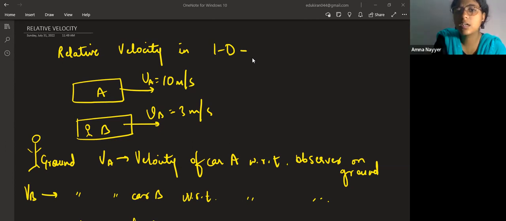I have chosen left side as negative, you have chosen left side as positive. So it can happen that my answer is minus 10 meter per second and your answer is plus 10 meter per second. But ultimately, plus or minus is just defining the direction. That's why we say these are vector quantities which have direction and magnitude. Fine, this part is clear?